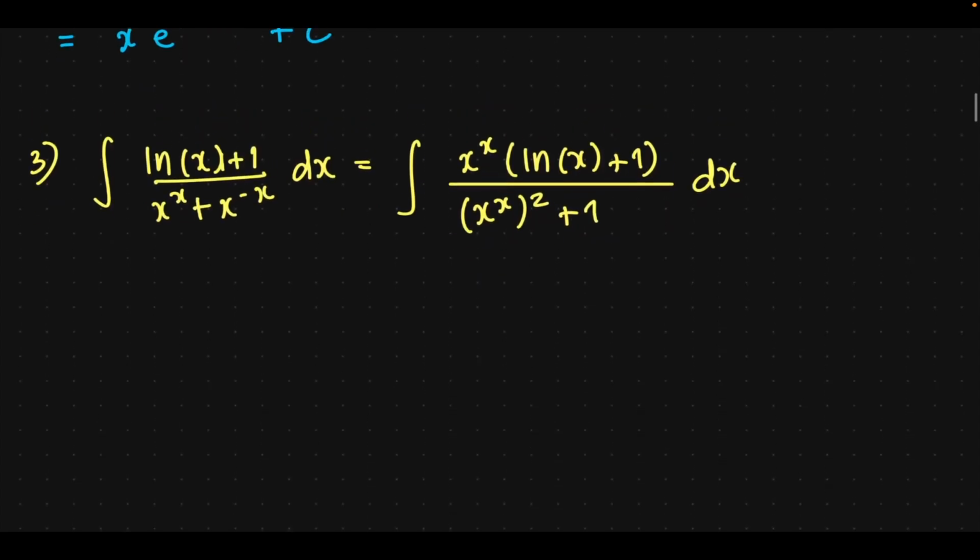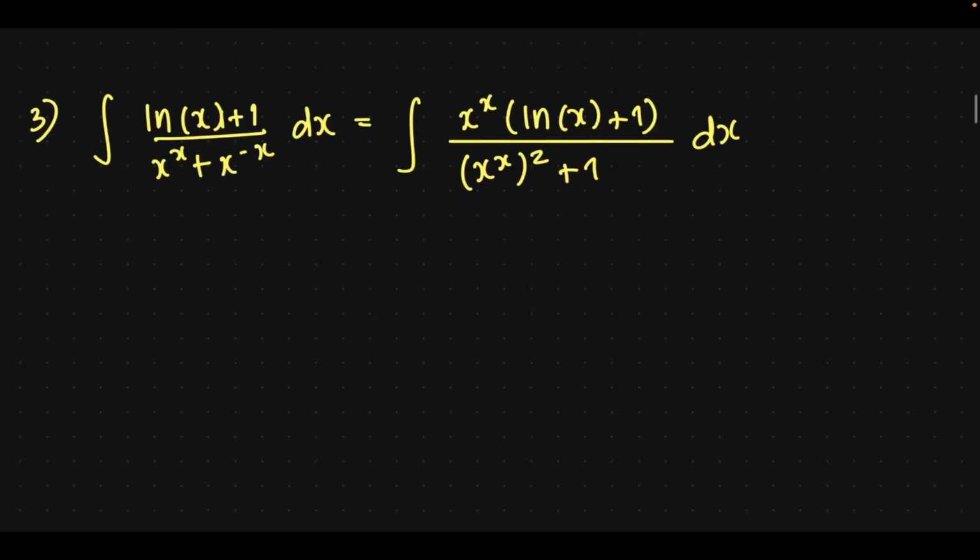You can divide by x to the x on the numerator and denominator and check that we indeed get this form back. It's just skipping those small trivial steps, because notice that if we take y to be x to the x, the natural log of y will be x times ln x. So we have 1 over y dy dx if we differentiate both sides.